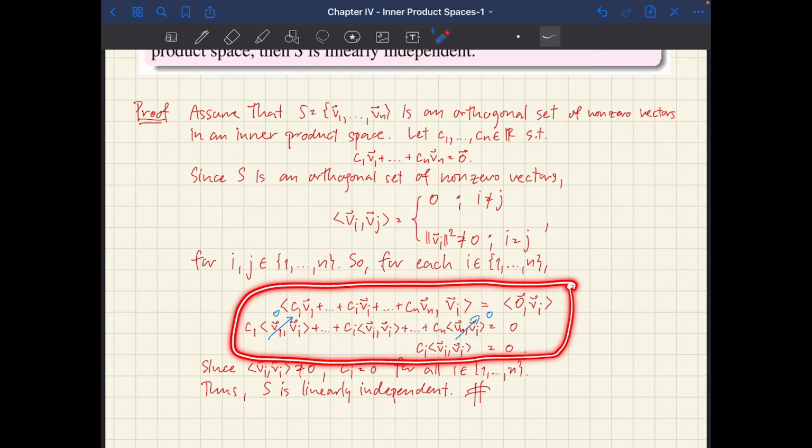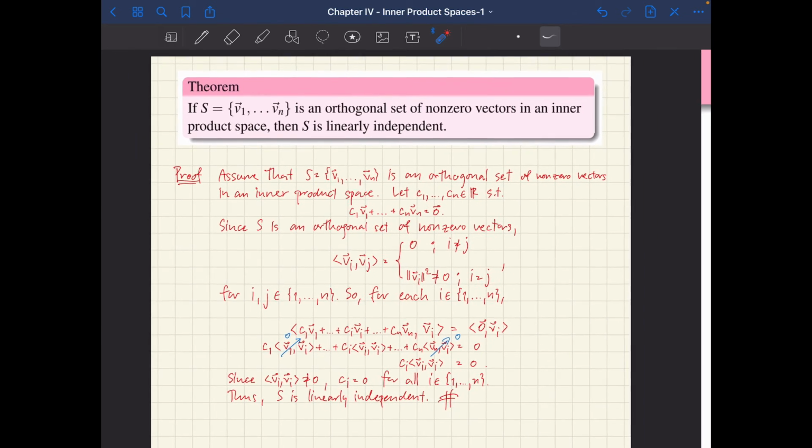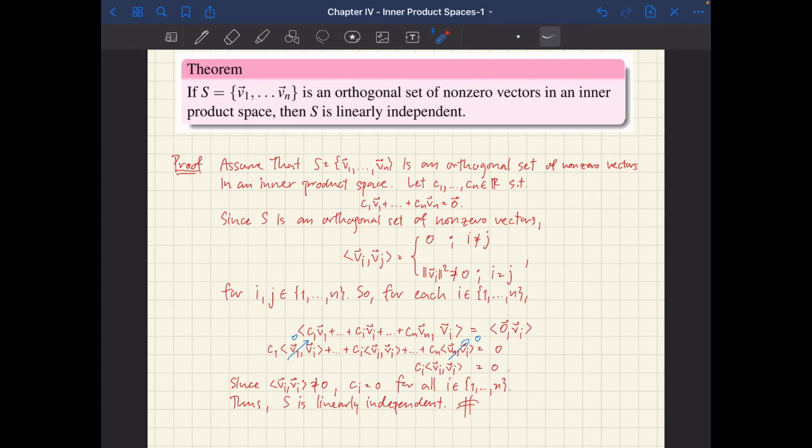Before we move to the next slide, you need to understand how to take the inner product. If you need to copy this page, please pause it. Next we will move to the next example.